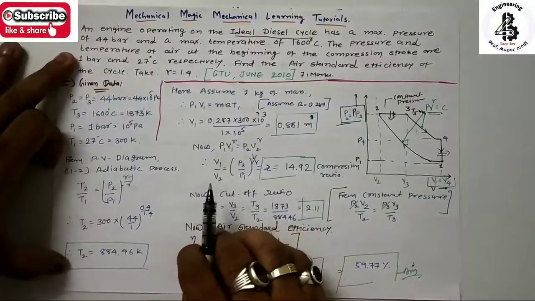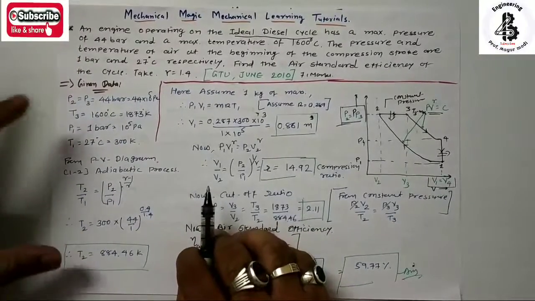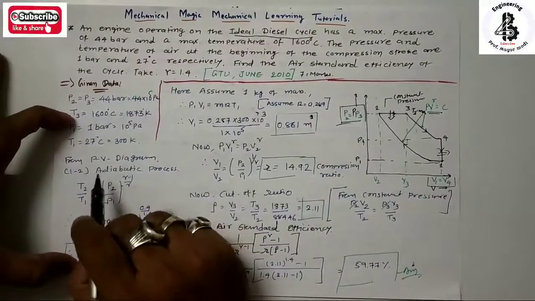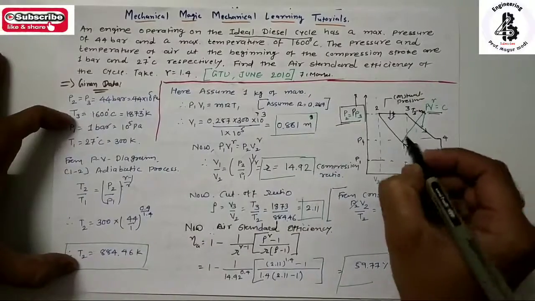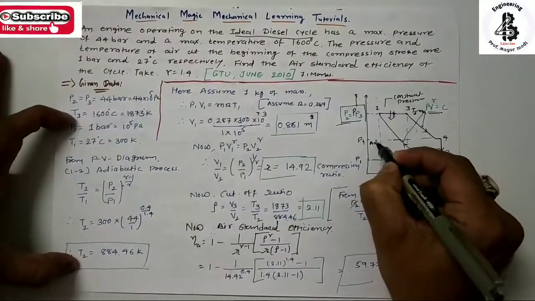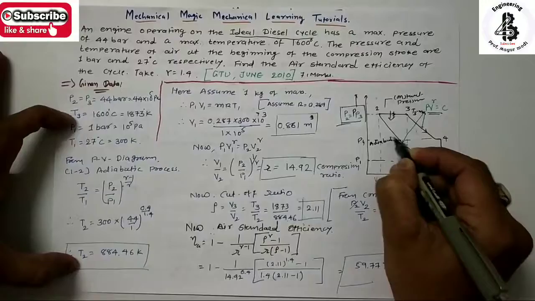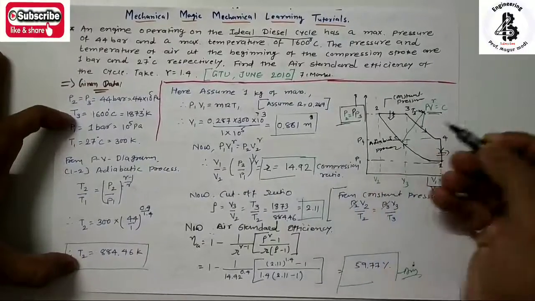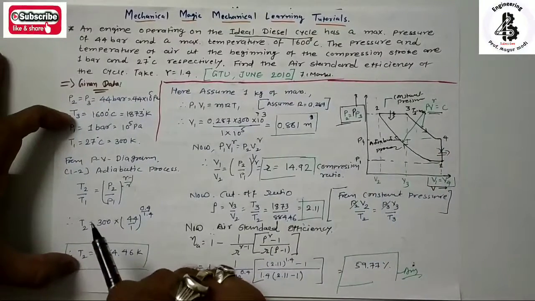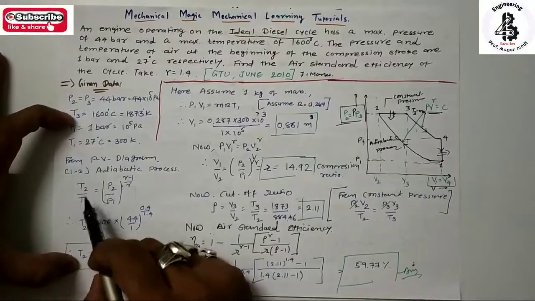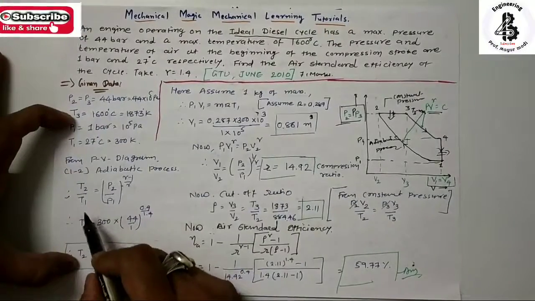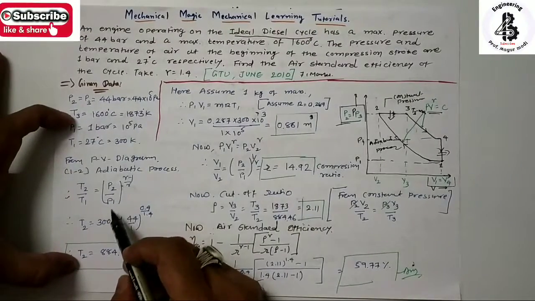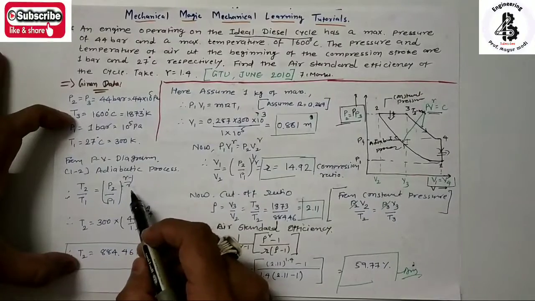Now according to the diagram, from the PV diagram of the 1 to 2 process, an adiabatic process, there is a temperature and pressure relationship. So T2 upon T1 equals P2 upon P1 raised to gamma minus 1 upon gamma.